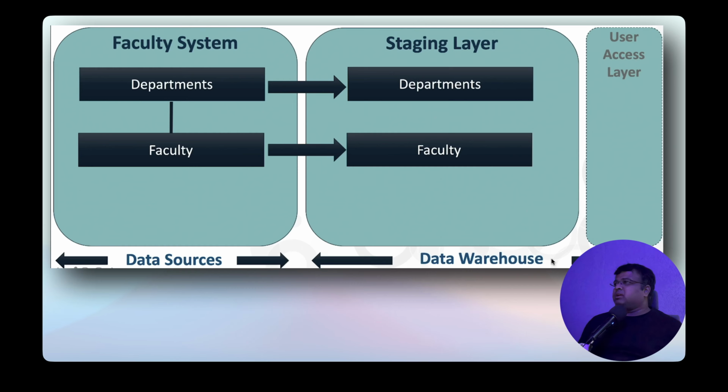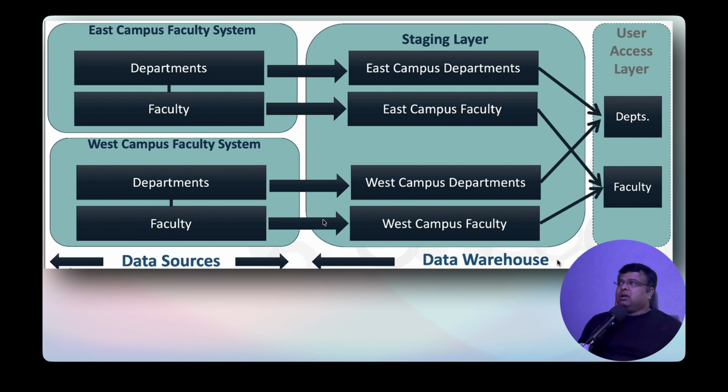Now let us make this example a little bit more realistic. Suppose the university has multiple campuses, say East Campus and West Campus, and each campus manages its own faculty system separately. Maybe both campuses use the same software, or maybe they use completely different systems. In the staging layer, we would typically create separate staging tables for each campus.